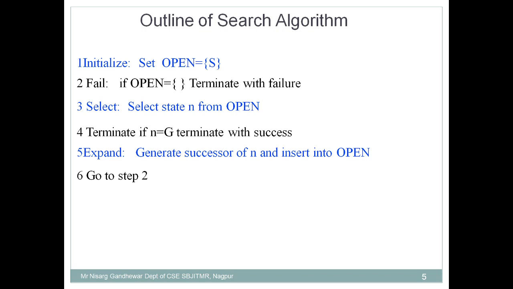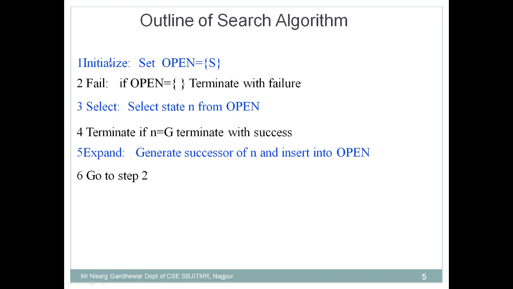Different authors or different people may refer to different books, but here I have taken this algorithm from the Rich and Knight book of artificial intelligence. So first we try to understand the outline of a search algorithm.